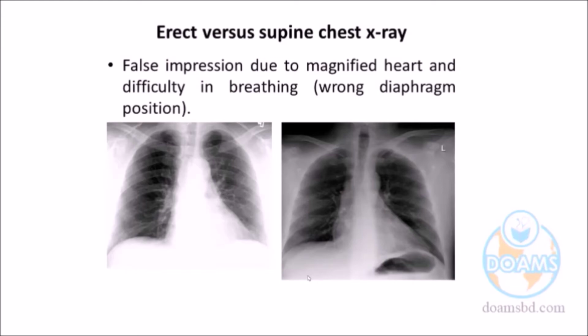The doctor who is advising this knows, and junior doctors working in the ward know, that an emergency patient cannot stand well. We cannot take an erect posture X-ray. So we get a mobile, portable X-ray machine. They come and take the X-ray, usually an AP view, with the patient in the supine position on the bed.